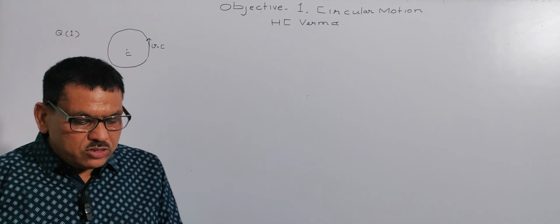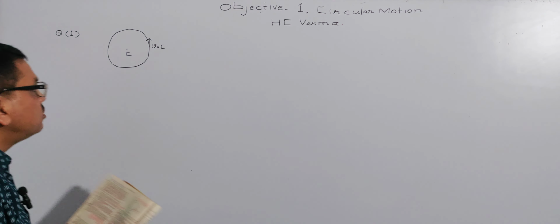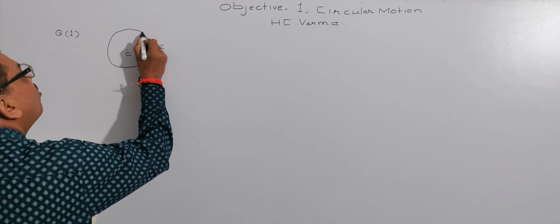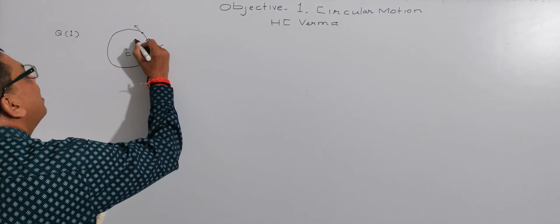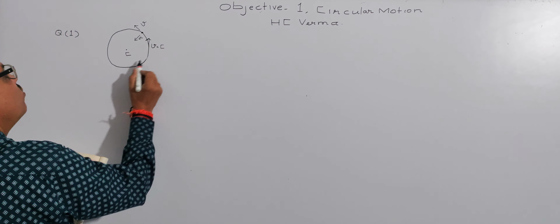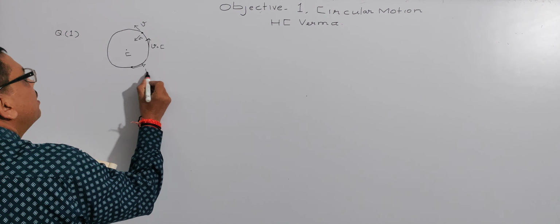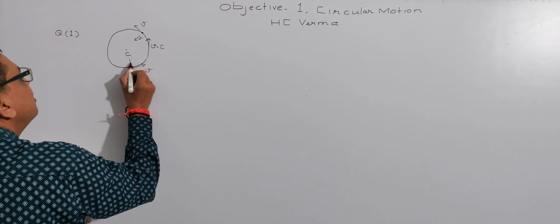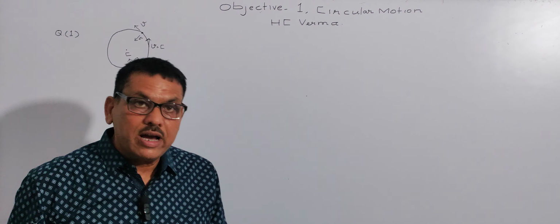Now the first option is velocity and acceleration both are constant. No, this is wrong. Why first is wrong? Because everywhere you will observe the velocity of the particle is changing and direction of acceleration is changing. This is A, this is V. You will observe everywhere in the circular path, if it's moved with constant speed, then the direction of velocity changes. The direction of acceleration is also changing. So first option is not correct.